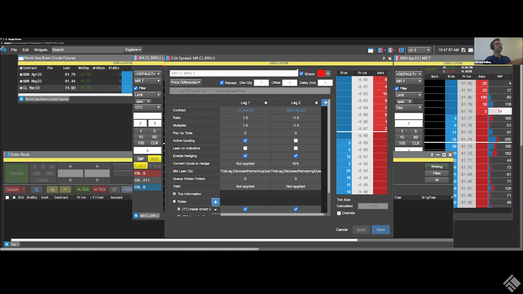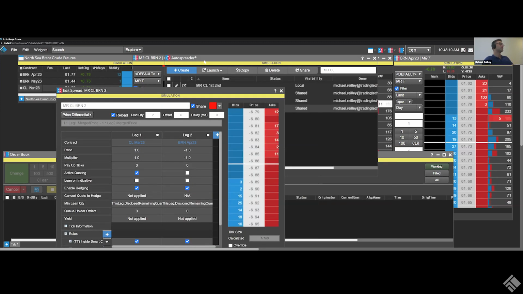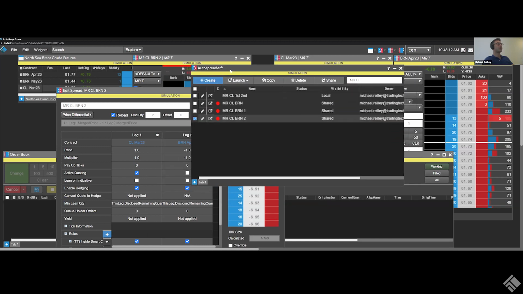This allows other users within my company, which is most likely the company you work for and has multiple users, to see the same spread when they pull up this Autospreader window. Whatever you create here, as long as you share it, they should be able to see it as well.